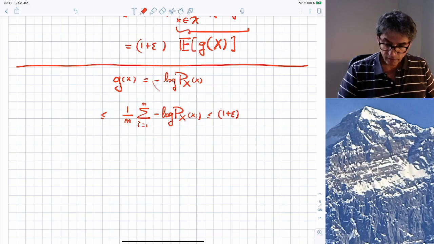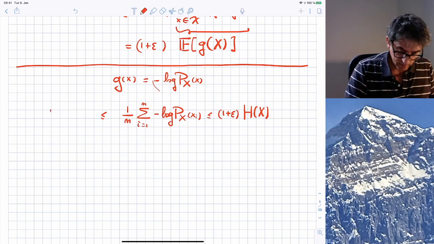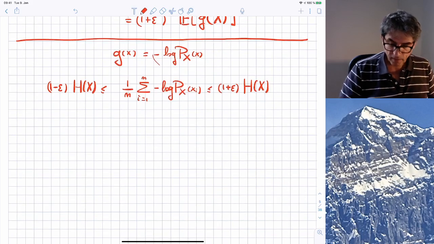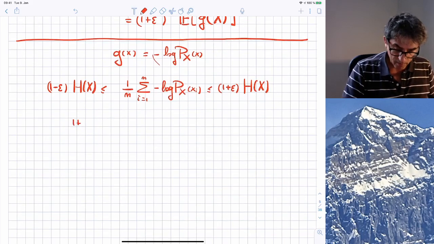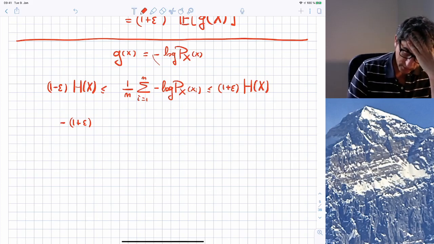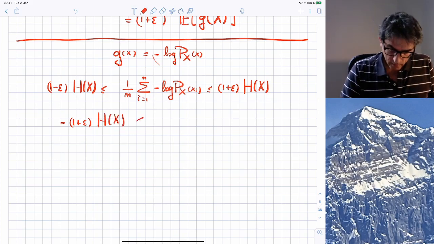This is the entropy, by definition of entropy. If you go back to the definition of the entropy, you see that the expectation of g of X, a random variable, is exactly the entropy. And so we have this, okay? Now all I have to do is multiply by minus, so I have 1 plus epsilon here with a minus, then greater or equal.